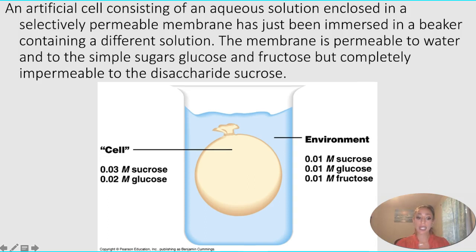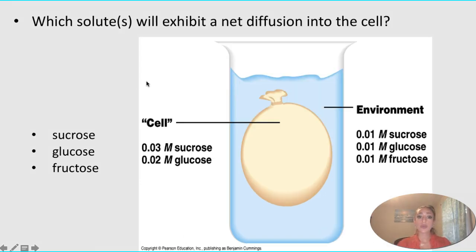What can we expect to happen? The question is, which solute will exhibit a net diffusion into the cell? Remember, it allowed glucose and it's allowing fructose across the membrane, but sucrose cannot go across the membrane. So think about what happens with each of these.